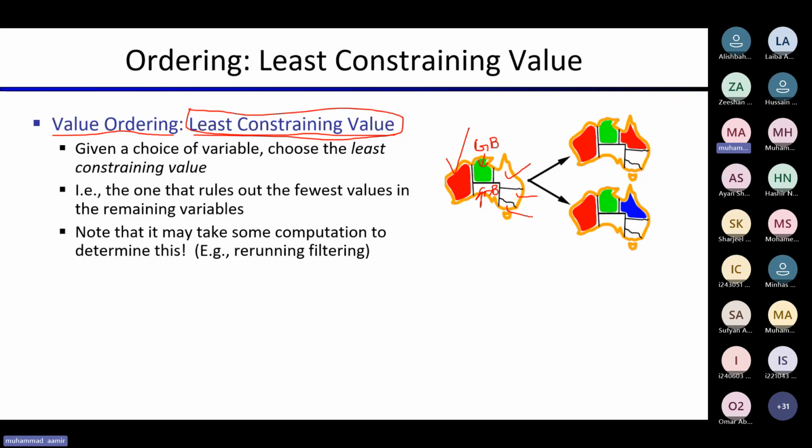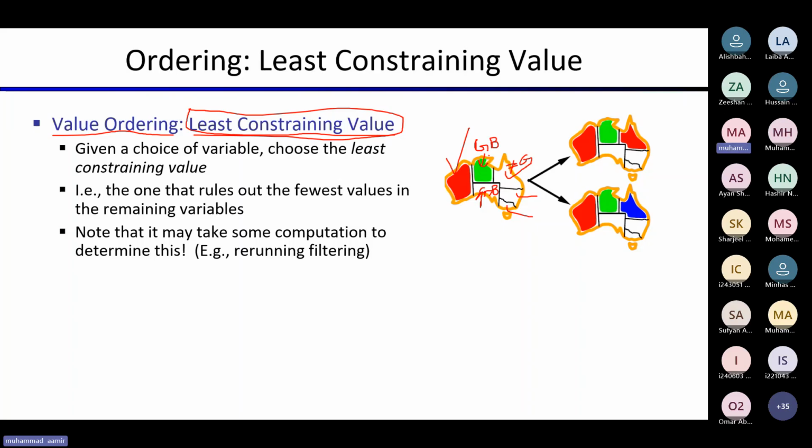It will be better for those, rather than selecting otherwise. Let me give you a very clear example. If this territory has a unary constraint that it cannot have the green assignment, and we selected green for this territory, this is wrong.